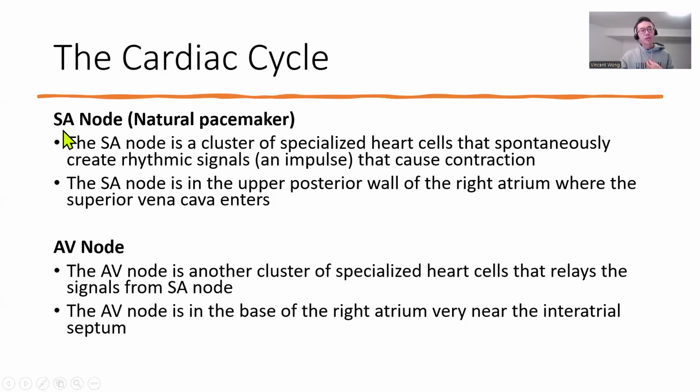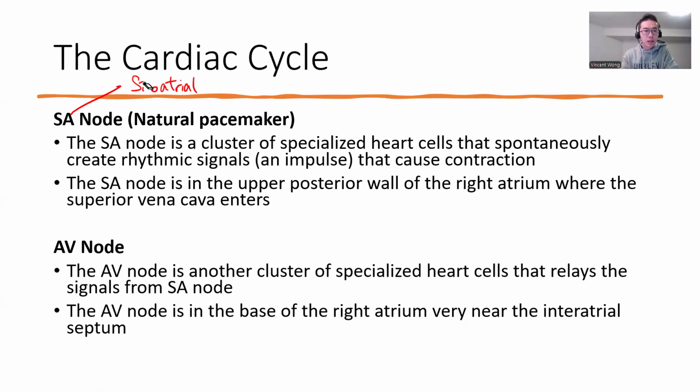There is a cluster of specialized cells located in the right atrium where the superior vena cava comes in, and this group of cells is called the SA node. SA stands for sinoatrial.